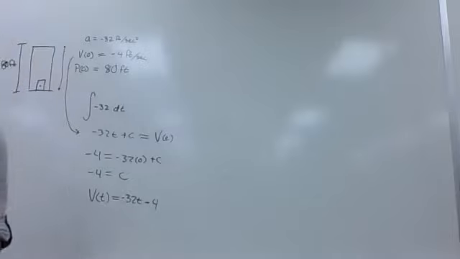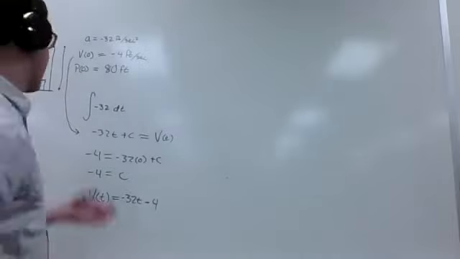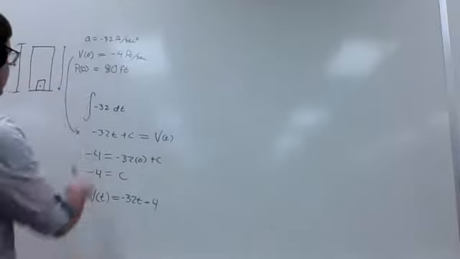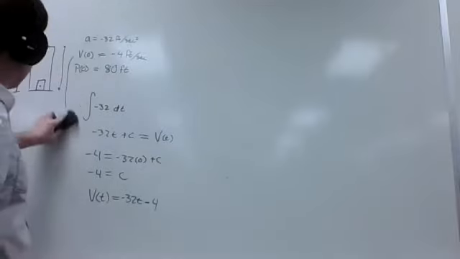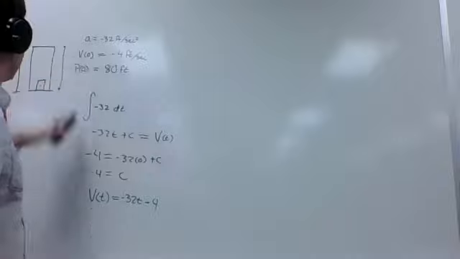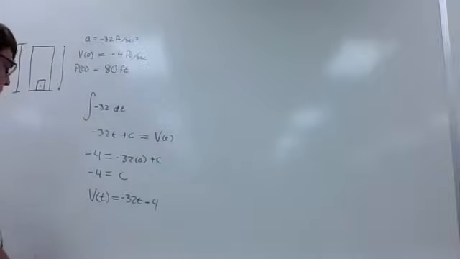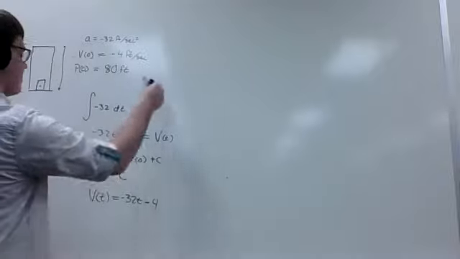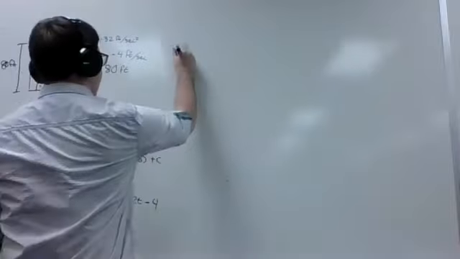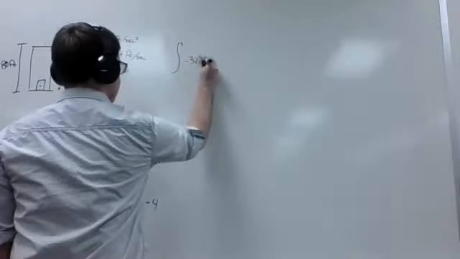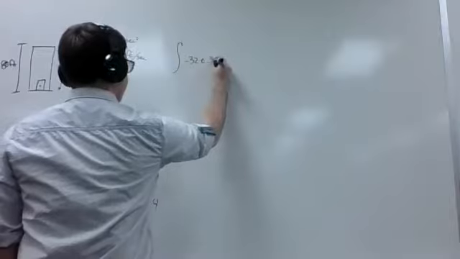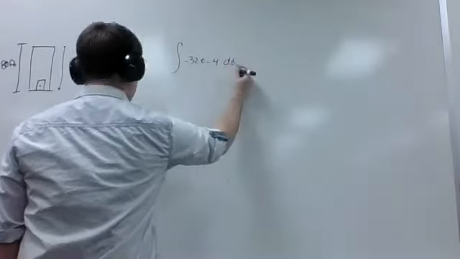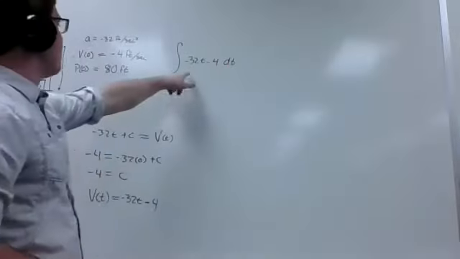And so now we're simply just going to do this again one more time, but we're going to be using the position function and velocity, because we know that the derivative of position is velocity. So we're going to take the integral of this. So the integral of negative 32t minus 4 dt. So take the integral.